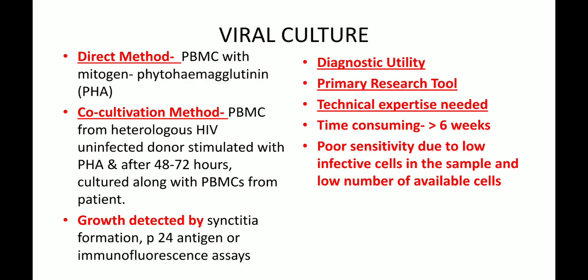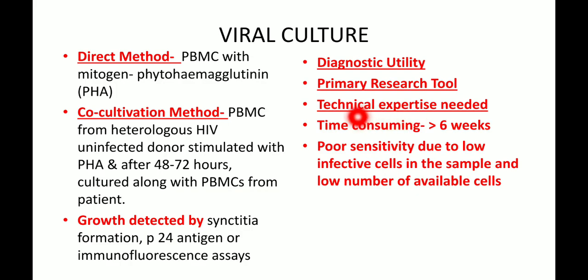Now the viral growth is detected by the formation of syncytia, and also by the presence of the P24 antigen or reverse transcriptase enzyme, or we can do an immunofluorescence assay to detect the viral antigens in the infected cells. Now HIV cultivation is predominantly used only for research purposes.